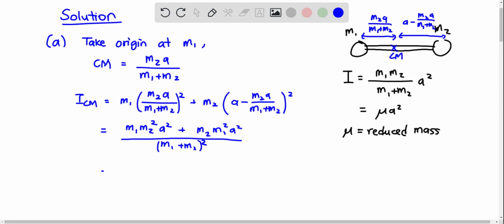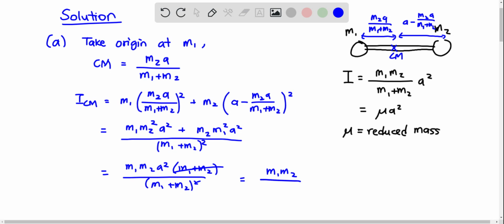We pull out the common factor, M1 M2 A square, and then you have M1 plus M2 divided by M1 plus M2 square, and you cancel the common term, and hence you get the required expression. As mentioned, I'm going to call this term mu, the reduced mass.